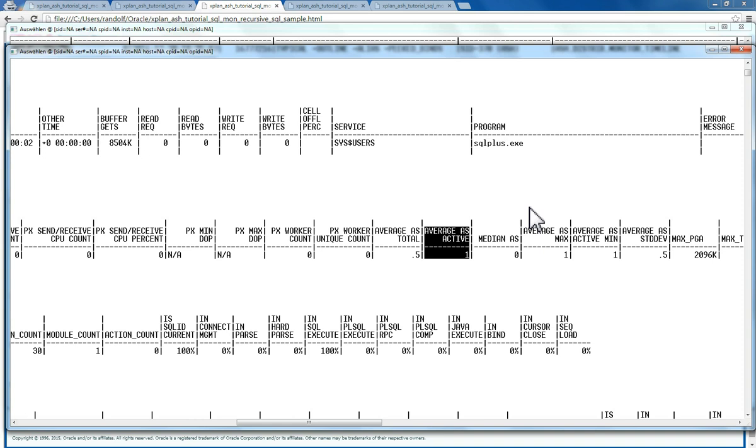But in case of parallel execution, you could of course have higher values than just 1.